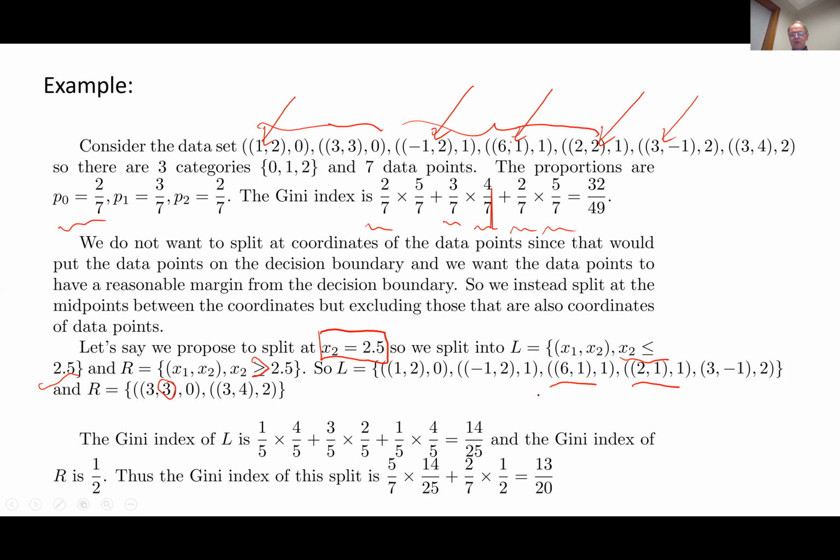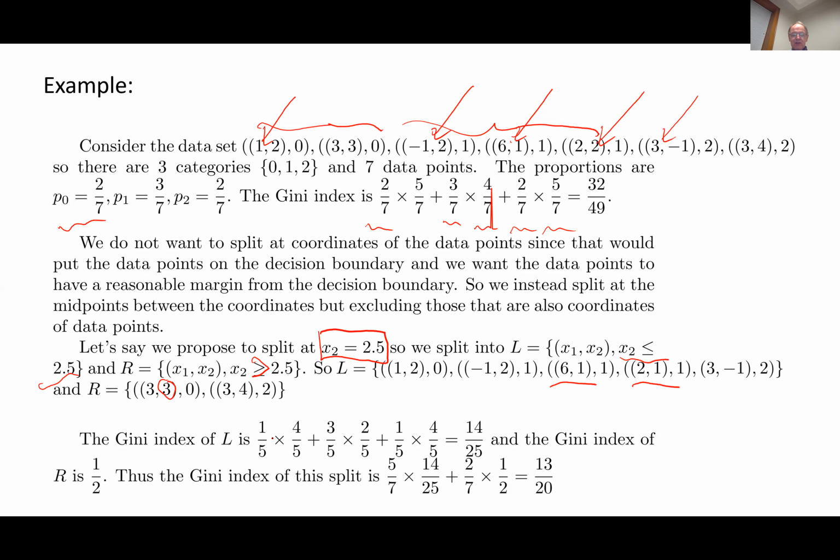Then we have to compute the Gini index. If we look at L, the left node, we had these 5 data points. 1 of the points was category 0, 3 of the points were category 1, and 1 was category 2.